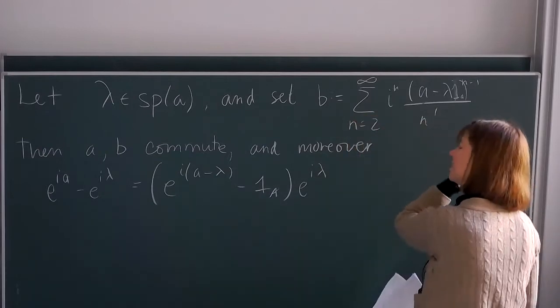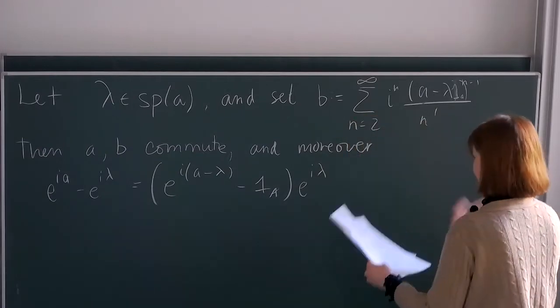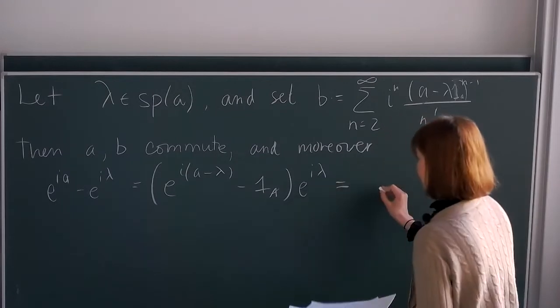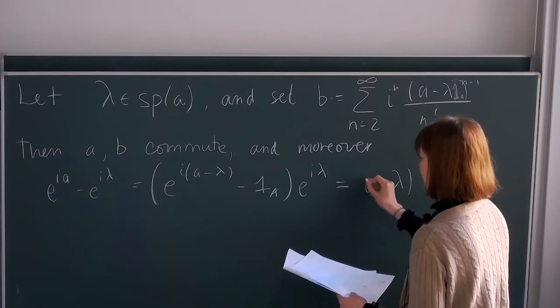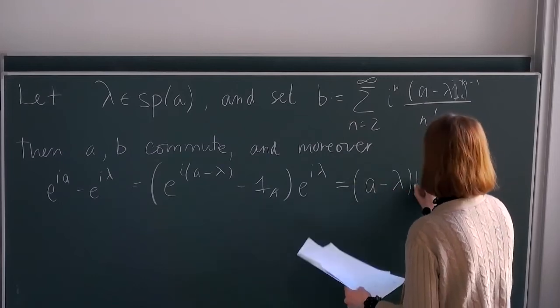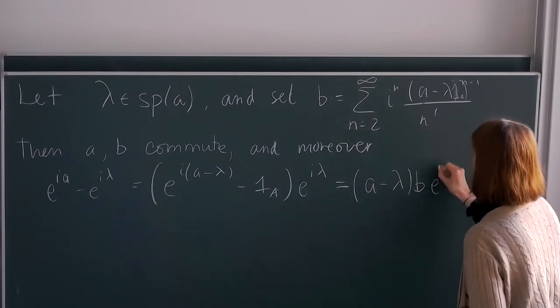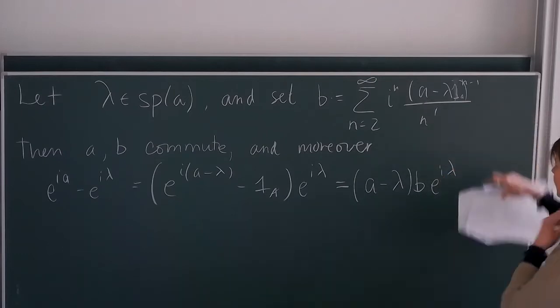So just taking out the e to the i lambda. And then you can check that this is indeed going to give us (A minus lambda) B e to the i lambda, subbing in this thing here.